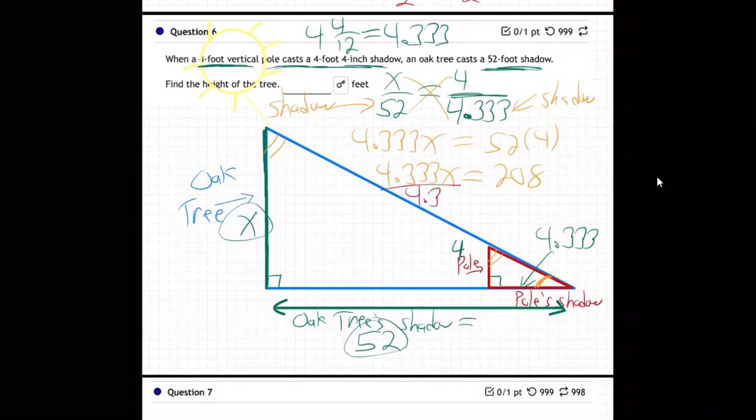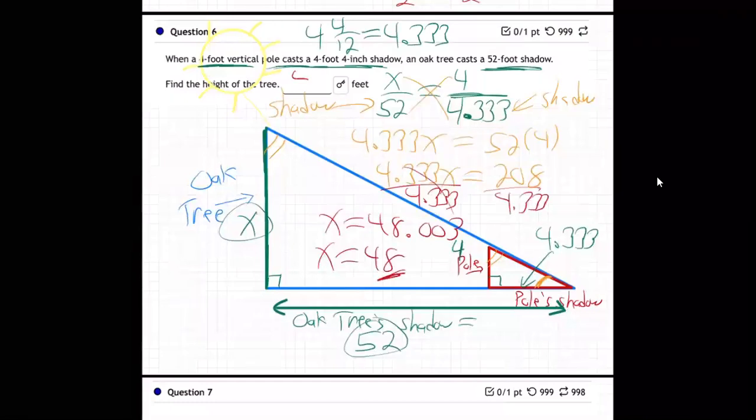Divide by 4.333. And this cancels, and so I'm getting x equals 48.003. Anyway, they want you just to round to the whole number on this one. It actually is exactly 48.